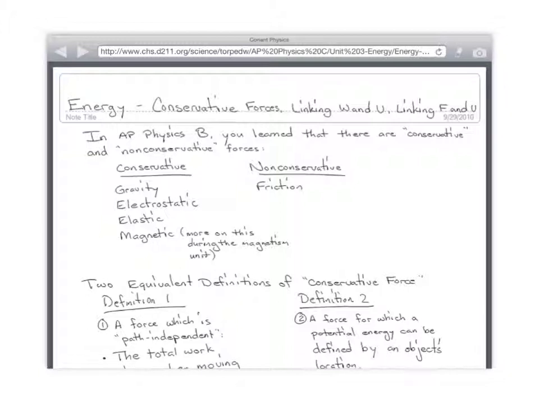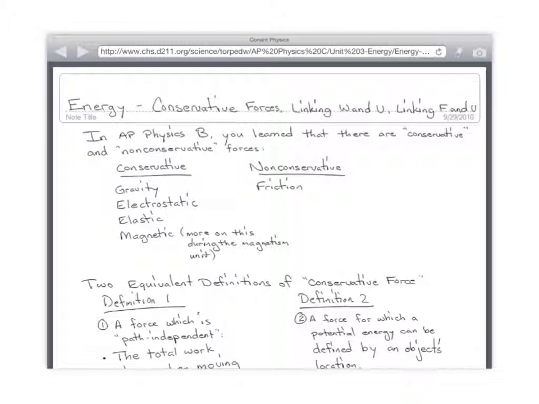There is a third definition of a conservative force. A conservative force is a force for which a potential energy can be defined. What does that mean? Think of gravity. Is there such a thing as gravitational potential energy? Yes. Imagine all these sticks pointing down again. You can define a potential energy by saying this line right here is the zero.